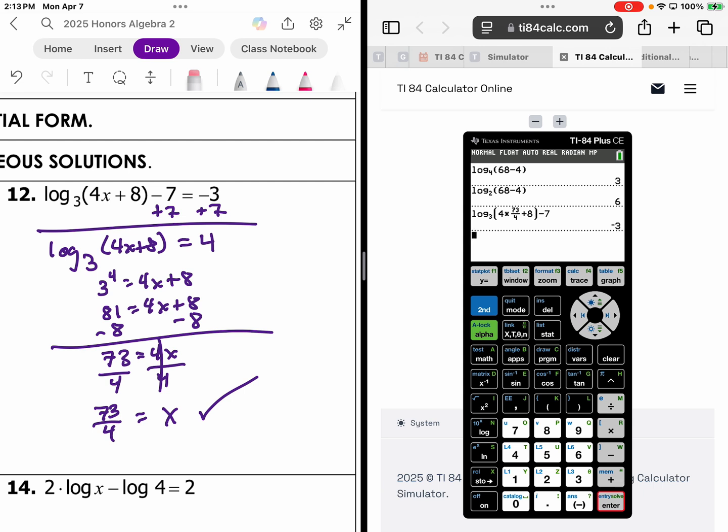I know we showed the exponential decay and growth graph. Did we show the logarithmic graph last week at all? I don't think we did. Let me show you what the logarithmic graph looks like.